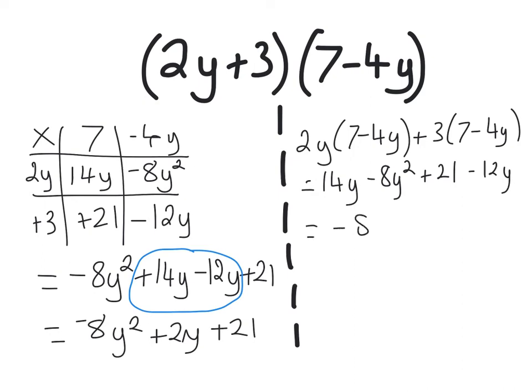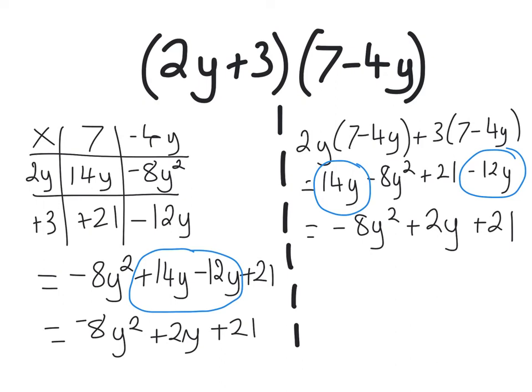So I now have negative 8y squared, 14y take away 12y gives me 2y plus 21. So these are all the examples that you would need to know for expanding single brackets and expanding a bracket by a bracket.